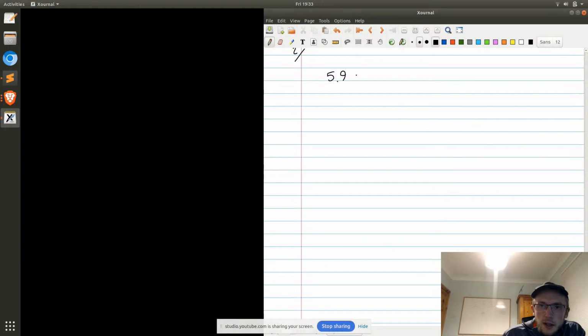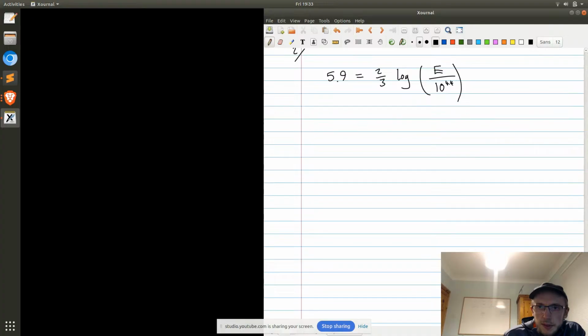Okay, so 5.9 is equal to 2/3 log, and this is the quantity of energy that we don't know. And E0 is like some default or something, 4.4.